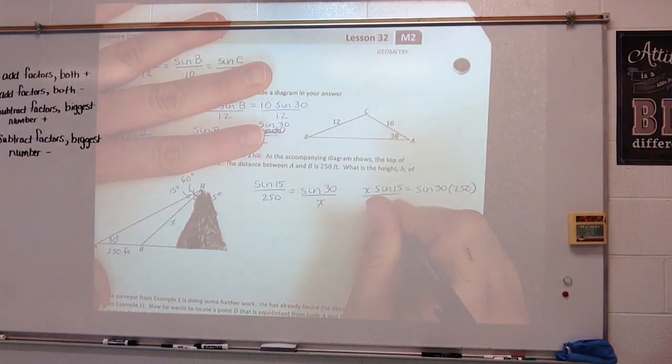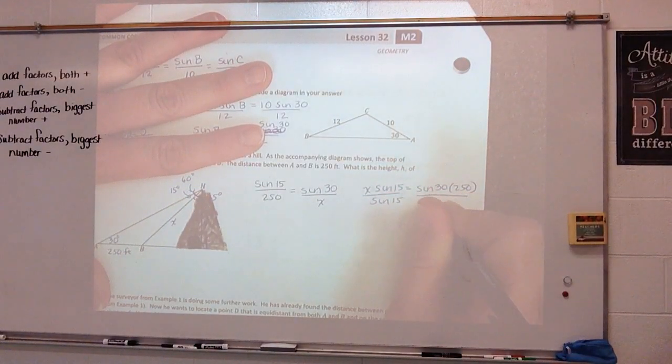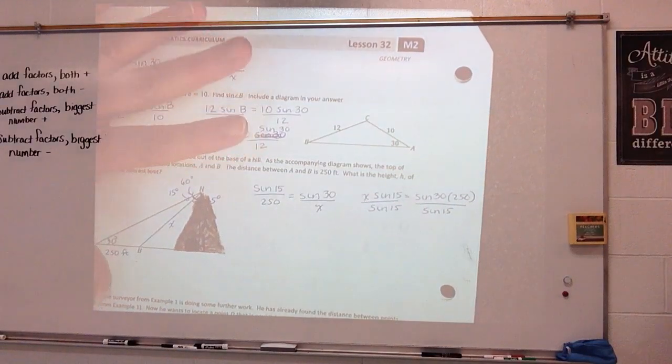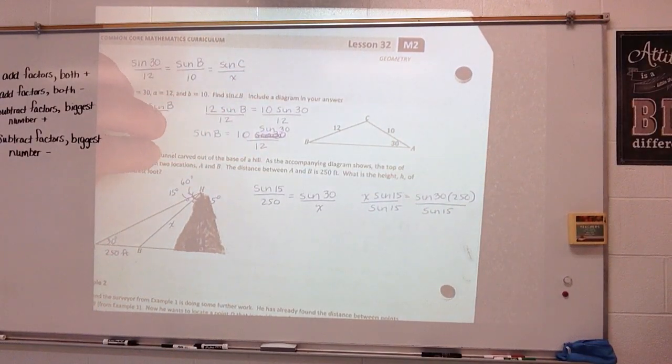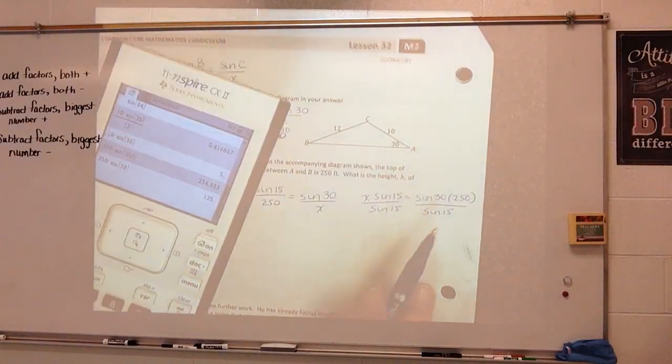I want to solve for X. So 250 times the sine of 30 is 125.